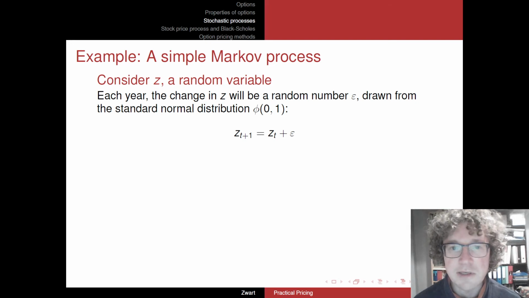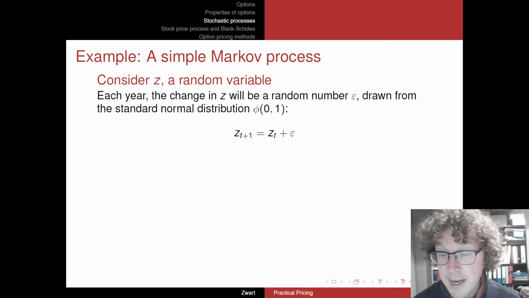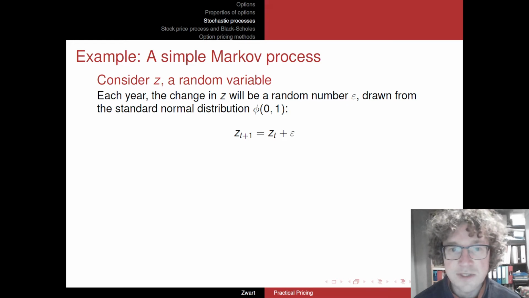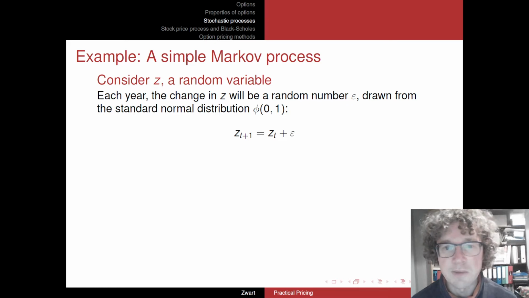It's typically denoted by phi, a distribution with mean 0 and standard deviation equal to 1. So if I know today's price, let's call that z at time t, then next year's price, z at time t plus 1, will be today's price plus this standard normal variable epsilon. That's how this variable moves through time.